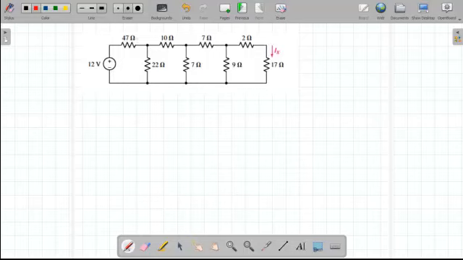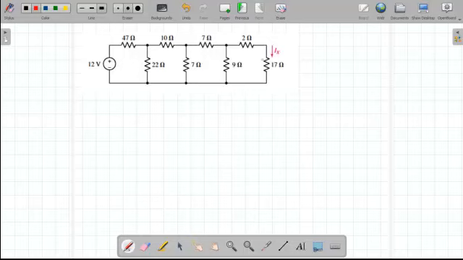Then we combine 47 with the 22. Then again, we convert this current source with this resistor to a voltage source and the resistor in series with 10. So we combine the 10 and this resistor, and we do this again and again until we reach only one voltage source and one resistor.